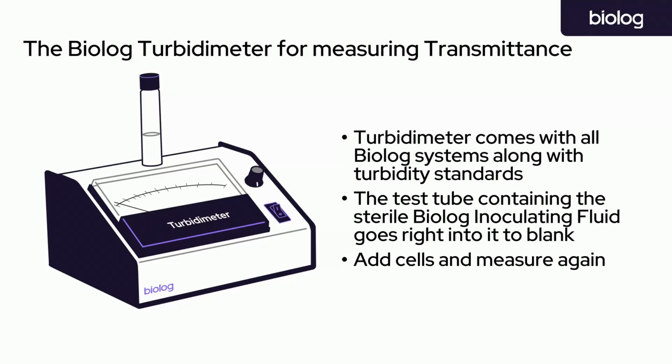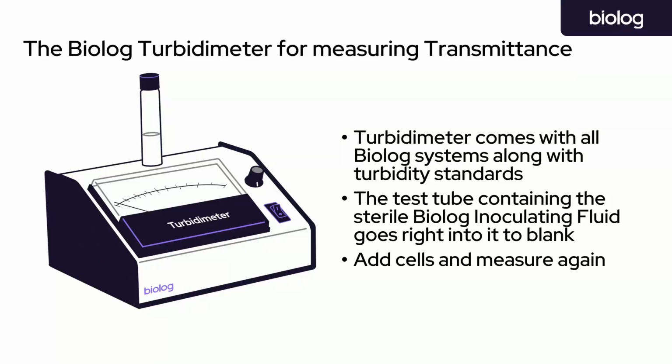So using turbidity is a very easy way to make your suspension to the correct density without having to do multiple dilutions, like you might if you're going back and forth between a 1 centimeter cuvette and a spectrophotometer over and over again.